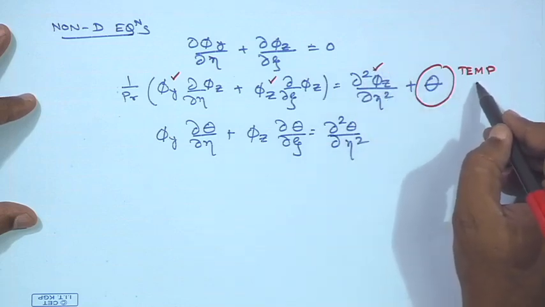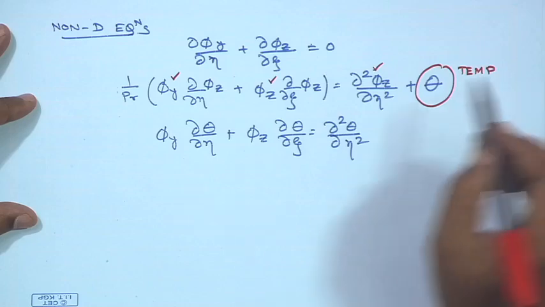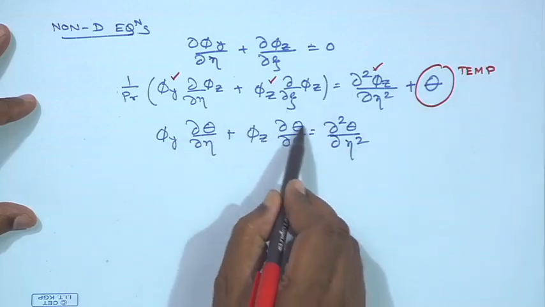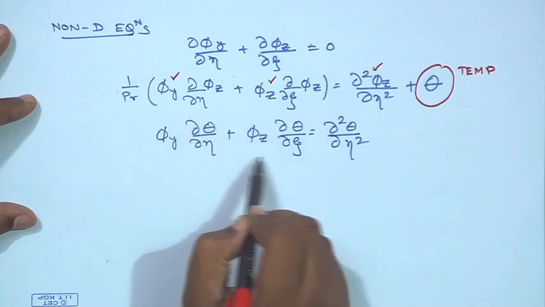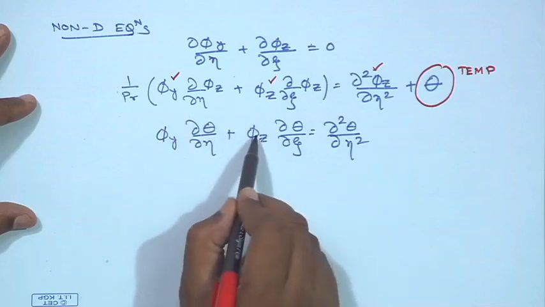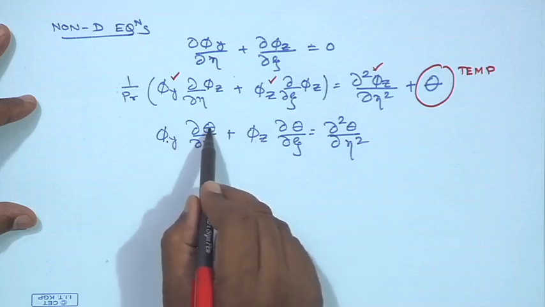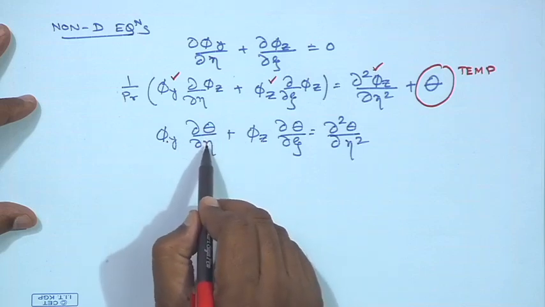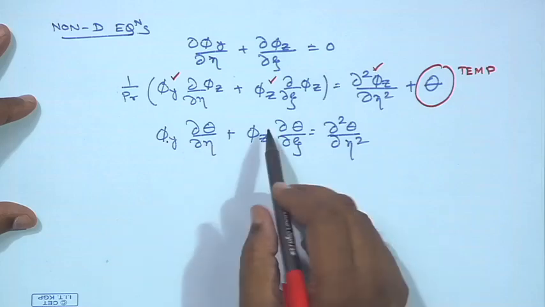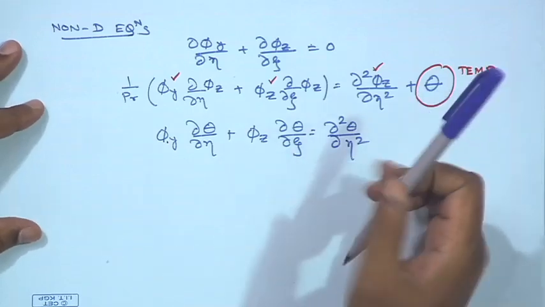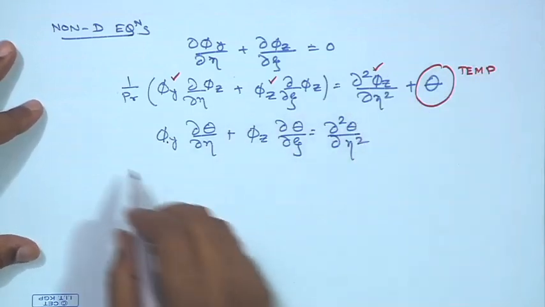This is the buoyant body force present in the system. This one is the convective transport of energy. Phi y and phi z refer to the velocities in the y and z direction. This is the temperature change with respect to eta and temperature change with respect to zeta, and this is the conductive term.